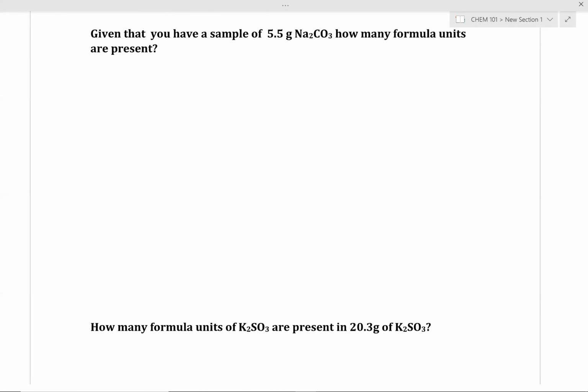Yep, setups look good. Setups look good. Yes, exactly. I would just check your calculation for the molar mass, but otherwise it looks good.